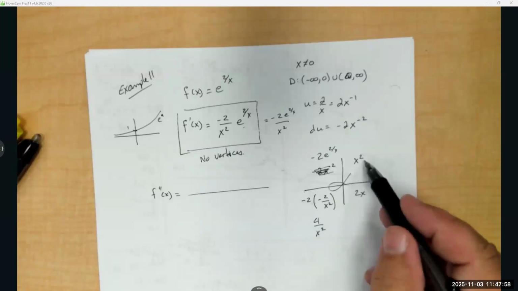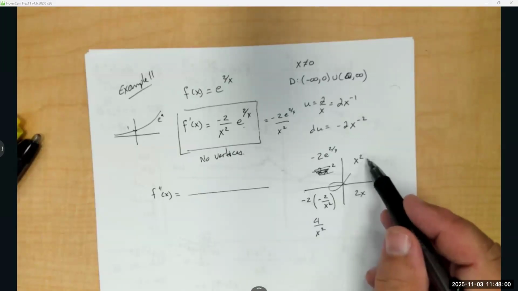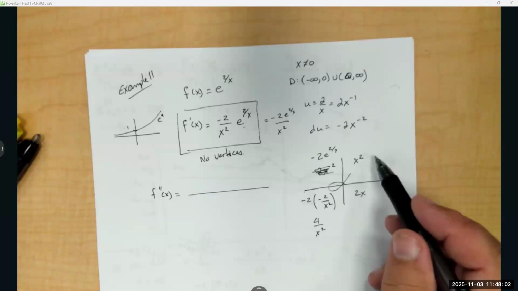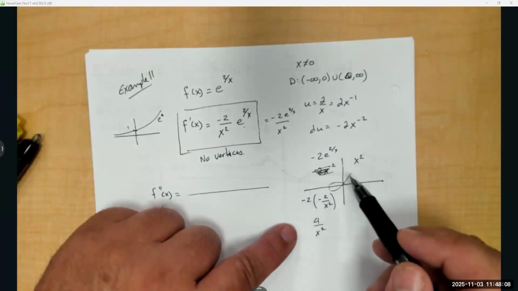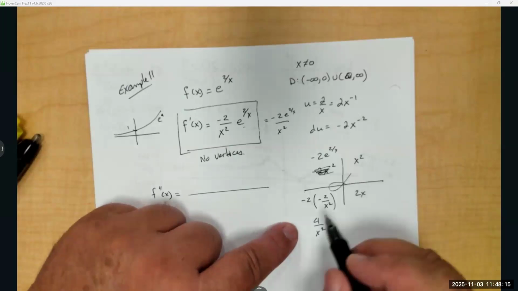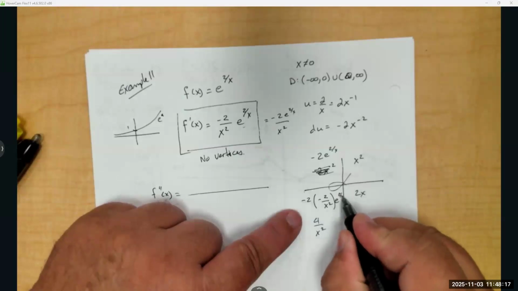So it's 4. I forgot the e to the power 2 over x.